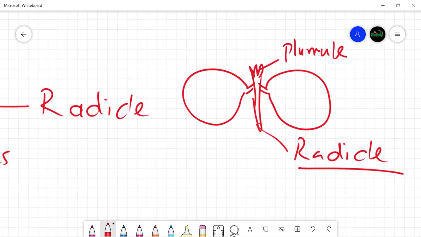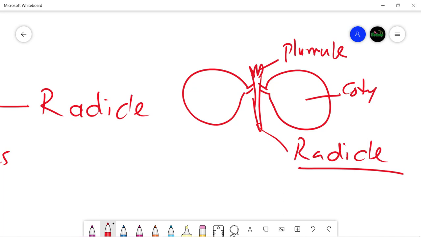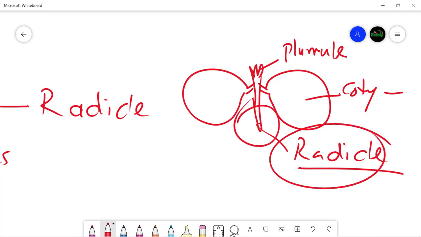So this is radicle and these are cotyledons. This is a dicot plant, say a gram seed. So we have opened up the seed and see where the radicle is. This radicle grows downwards, and all the angiospermic seeds, whether monocot or dicot, bear radicle as part of their embryo.